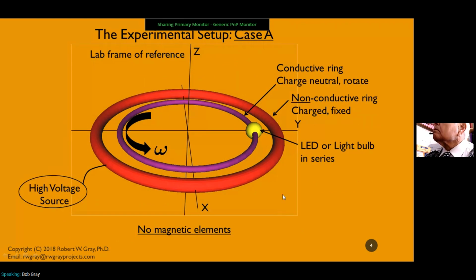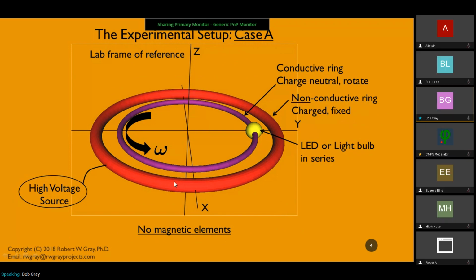Here's the setup. So the outer ring is connected to a high voltage source. I don't know how to do this experiment exactly. How would you put a net charge on this outer non-conductive ring uniformly? I don't know. The inner ring would be conductive, maybe a thick piece of wire, with solder in an LED or a light bulb in series.